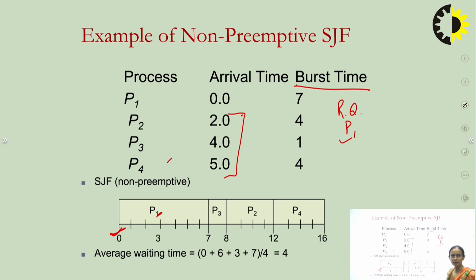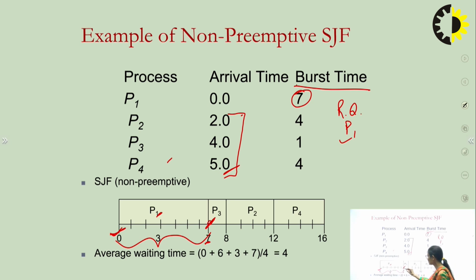Since it is a non-preemptive version, it will take 7 CPU cycles, which is its burst time in this case. Now, when it leaves the system, my system clock is 7 and P4, the last process, has entered the ready queue at time 5.